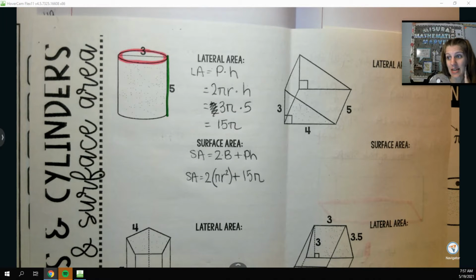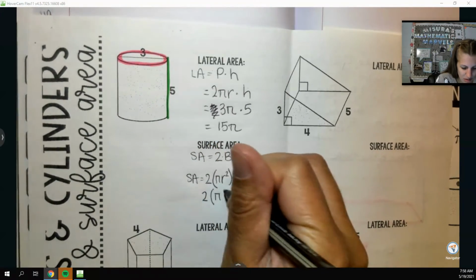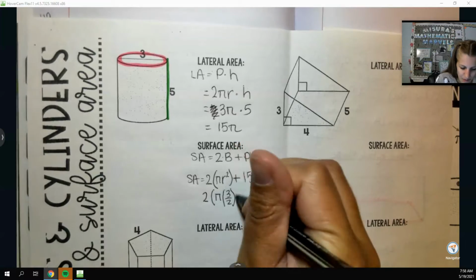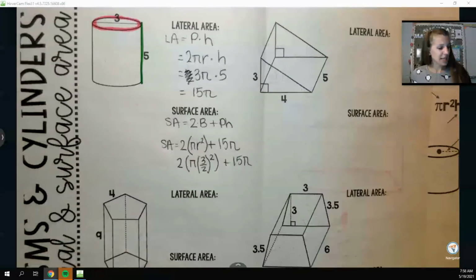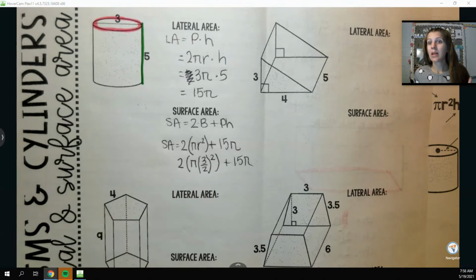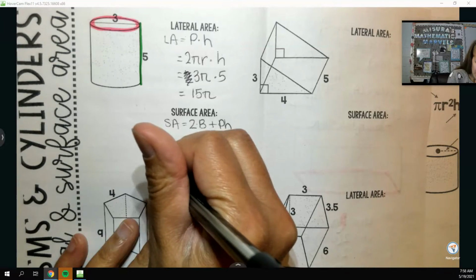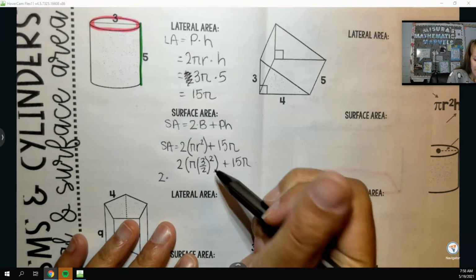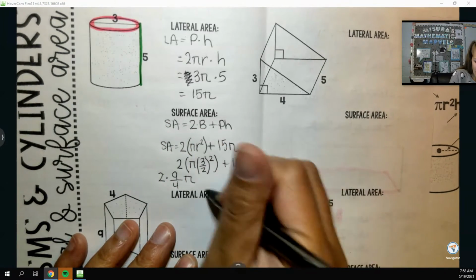So unfortunately with this one, I do need to get the radius, which is going to be half of 3, which is 1.5. I'm not going to do that. I'm going to keep it 3 over 2. Really drive you guys bonkers. And then we've got plus 15 pi at the end. Because when I square a fraction, in my brain, it just works out better because I'm just going to square a 3 and a 2 rather than a decimal. So we will have, oh my gosh, I'm going to run out of room here, 2 times 9 over 4 pi plus 15 pi.